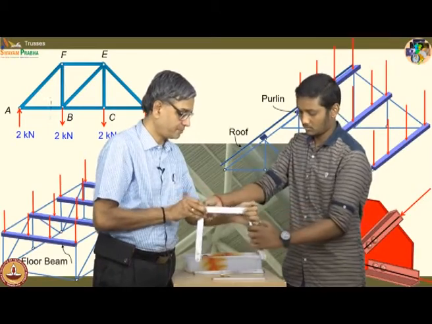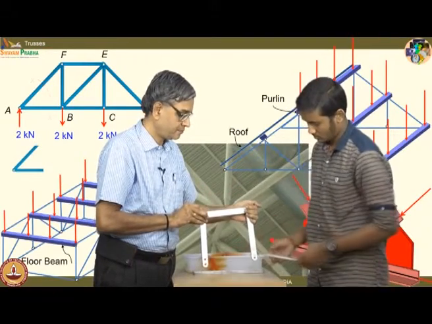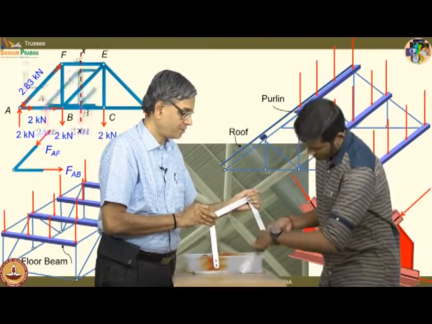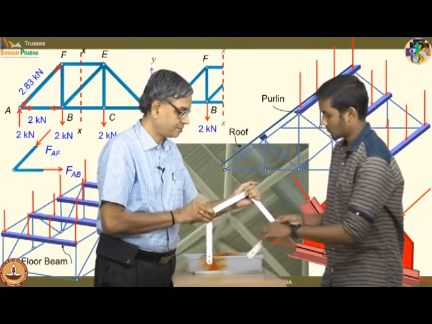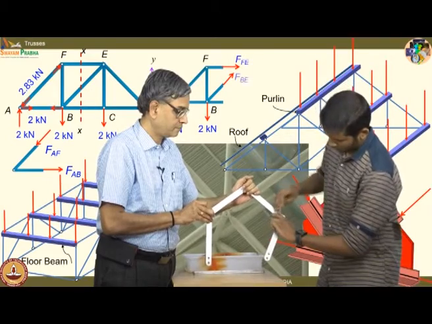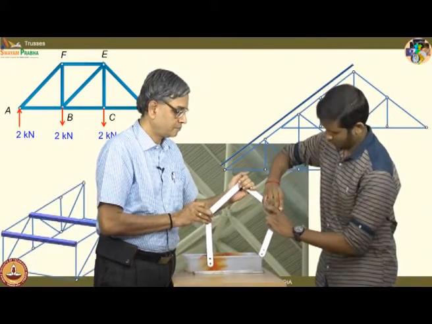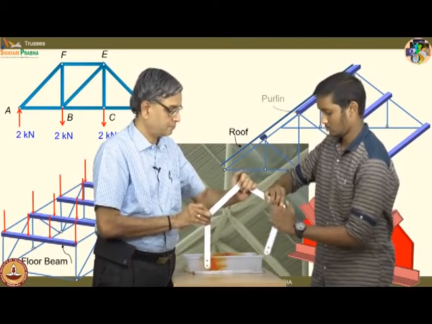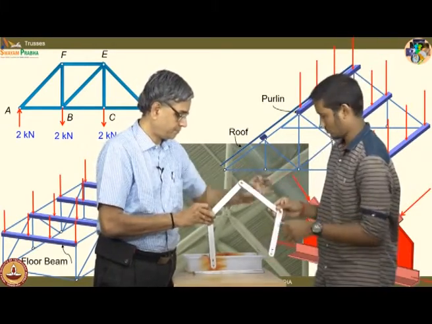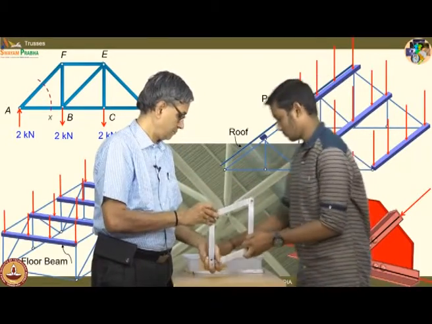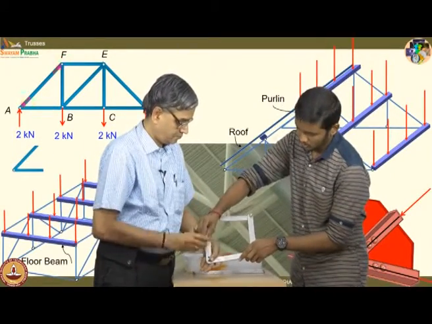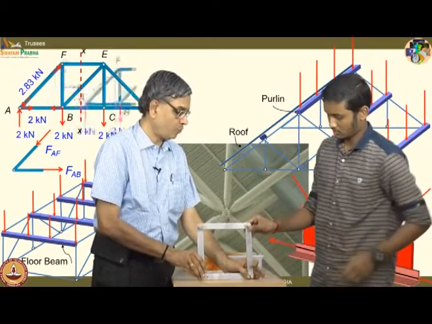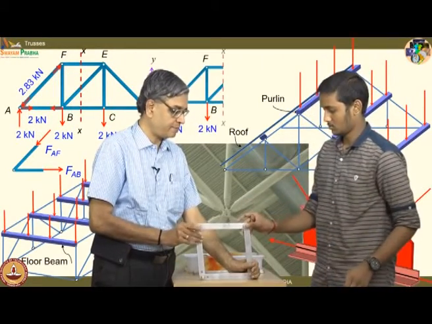Put that member. Put the pin from the front. Put the bottom. Now, I have the 4-bar member that you saw in the animation.